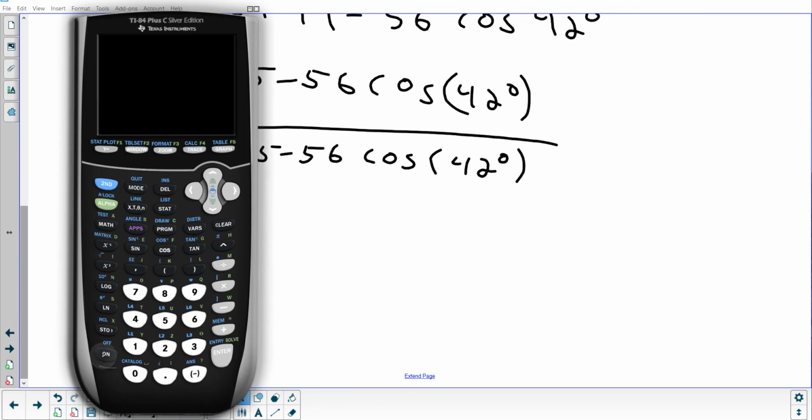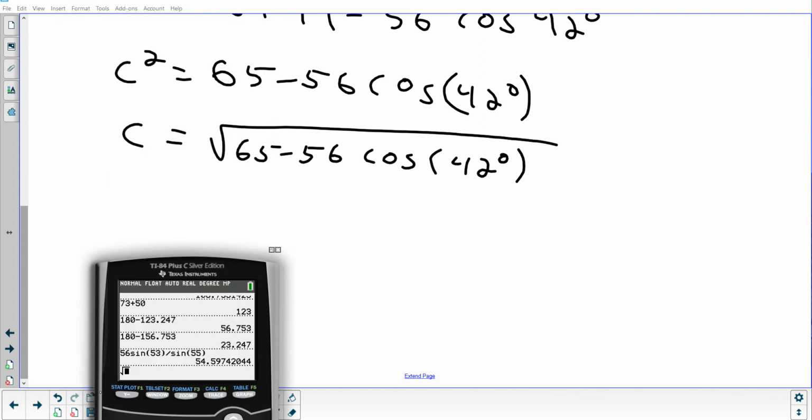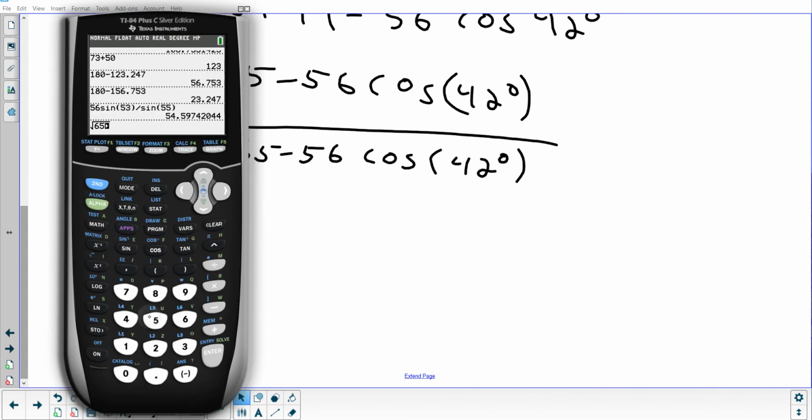So it's the square root of 65 minus 56 cosine 42. That's not too complicated. The calculator will handle order of operations, no problem there. And you get side C is about 4.836.